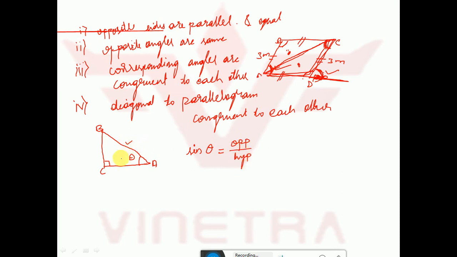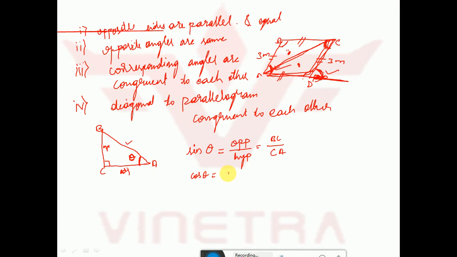This is the hypotenuse of the triangle. Since angle theta is given here, this side will become opposite and this is the adjacent side. So sine theta is BC divided by AB, and cos theta is nothing but this one.